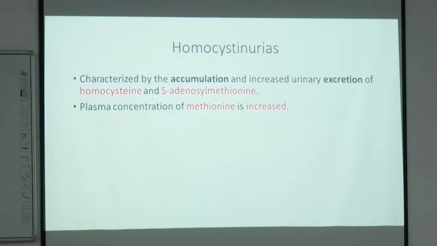Now homocystinuria. So from where do we get homocysteine in our body? Homocysteine is synthesized from what? We are learning about the sulfur-containing amino acids. And there are 3 sulfur-containing amino acids. So from one of them, this homocysteine is getting synthesized.